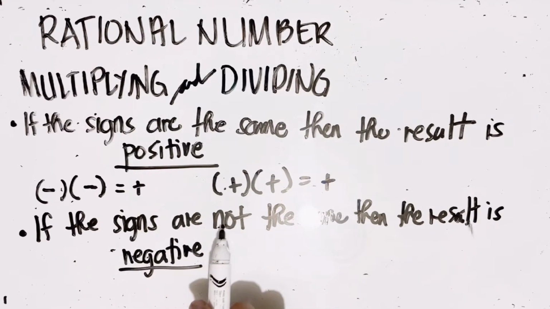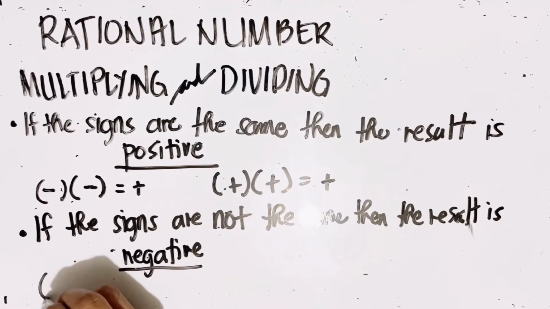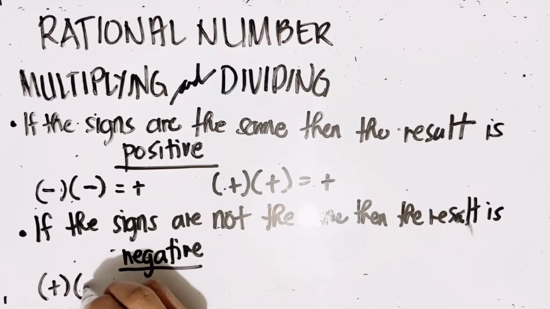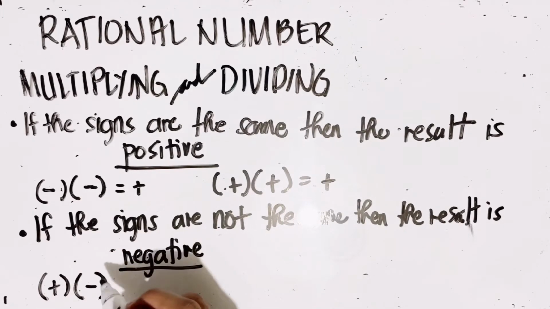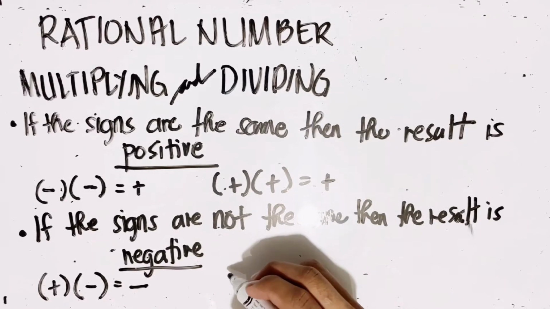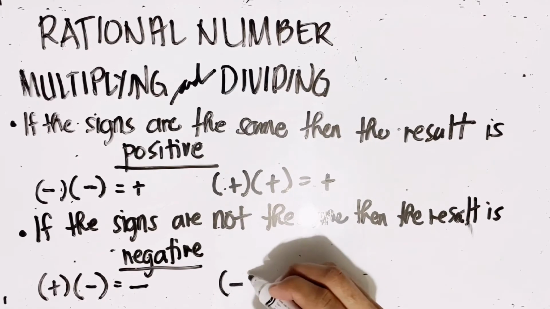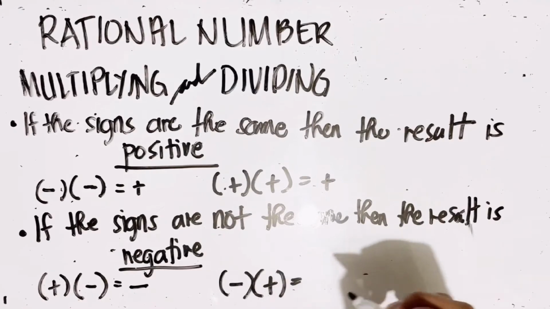So if the signs are not the same, then the result is negative. Example, positive times negative, that's equal to a negative answer. So they are not the same, so the answer is negative. How about negative times positive? Still the answer is negative.